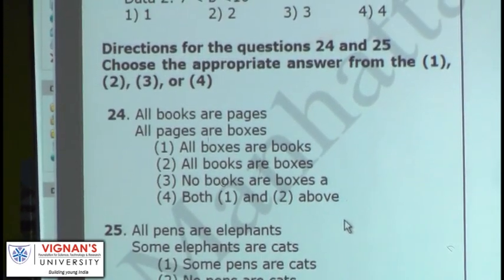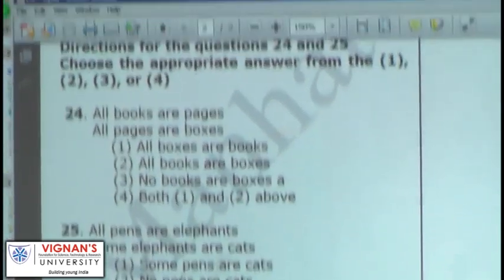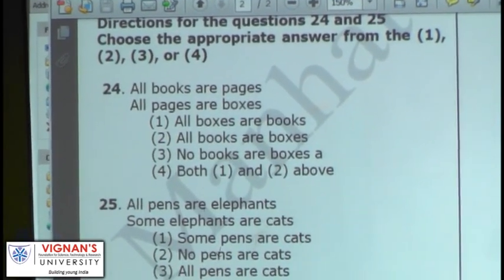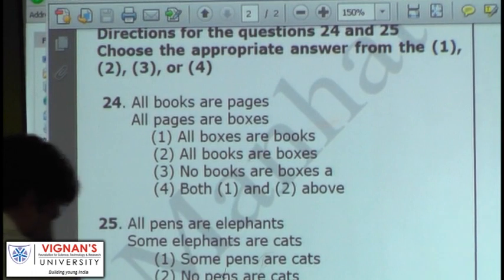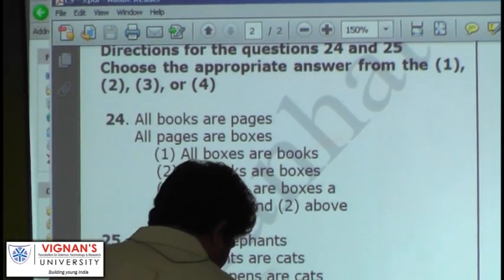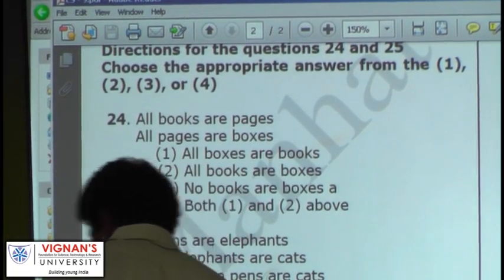What is the answer for 24? All books are pages. Look at this. All books are pages.